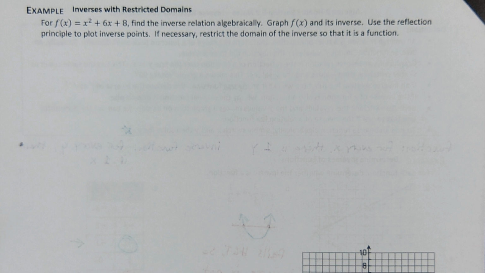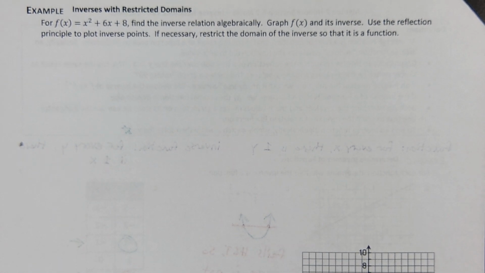All right. So here we have a quadratic. It's in standard form. It says find the inverse relation algebraically. And I do have to say relation because it's not a function. At least not one function. Okay, well, here's what's up.